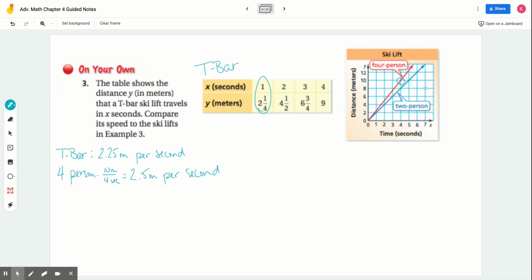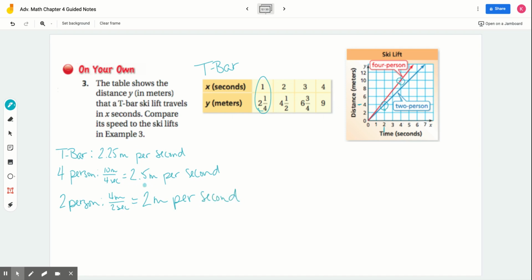And again, I found a place where my line crossed at a perfect corner. Now, on my blue line, I can see that it crosses at a perfect corner here. So 4 meters in 2 seconds. So my 2-person lift, 4 meters in 2 seconds. Again, divide: 2 meters per second. So now we want to compare them.